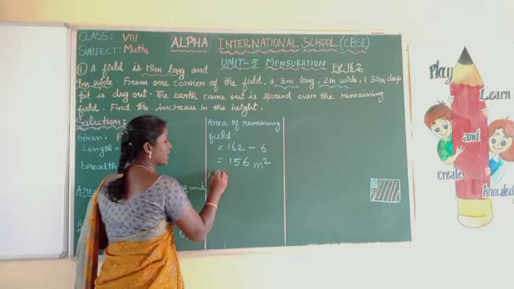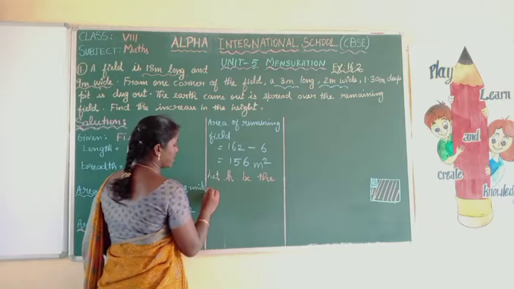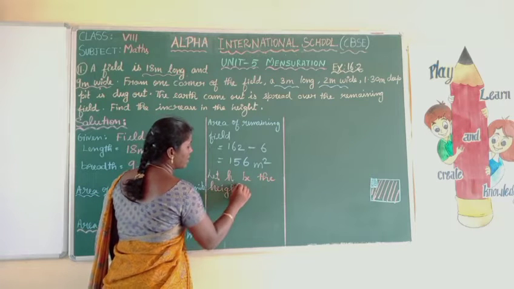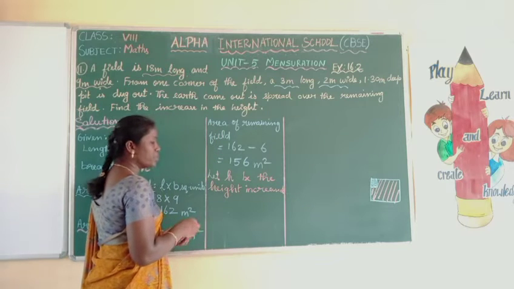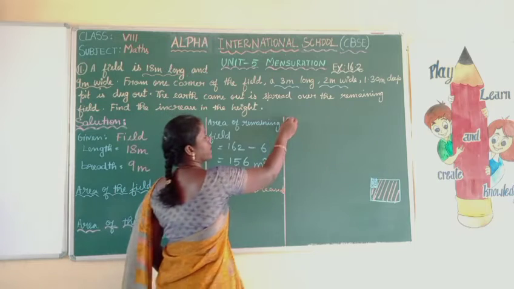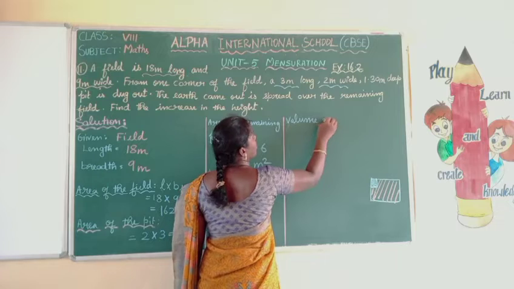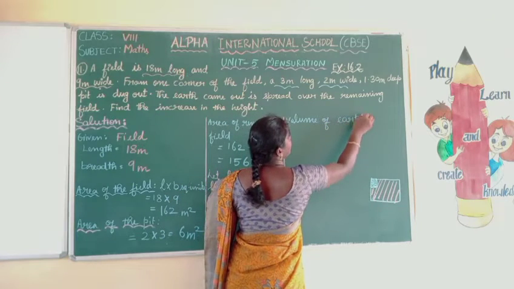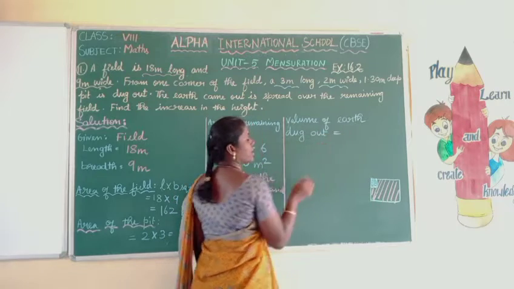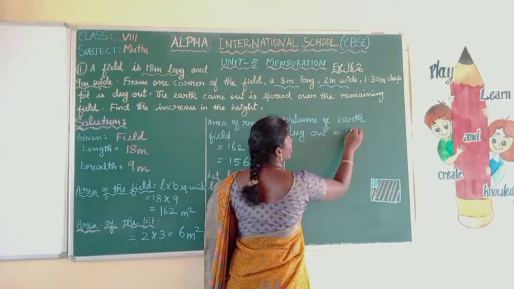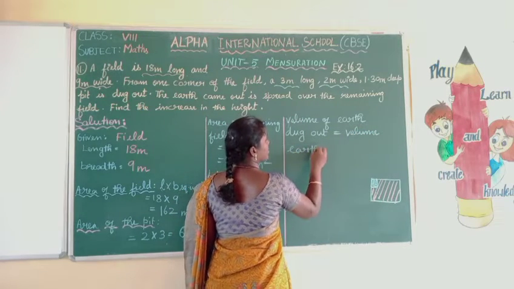So first, let h be the height increased. As I told before, the volume of earth dug out should be compulsorily equal to the volume of earth spread.